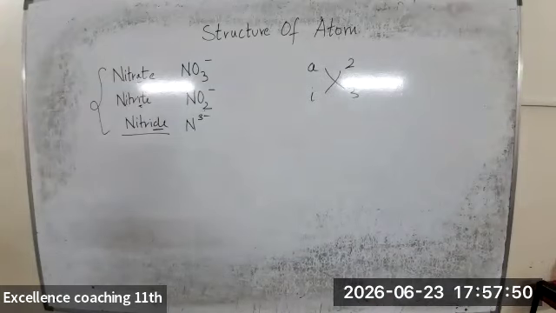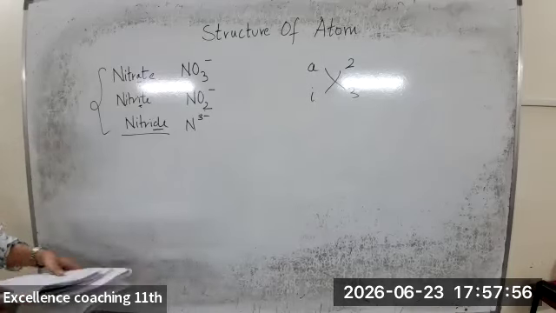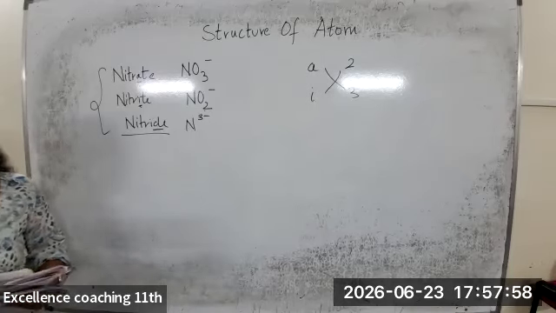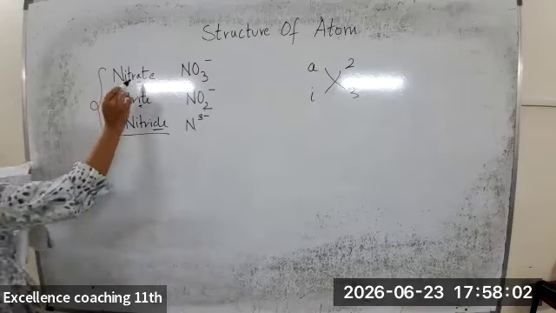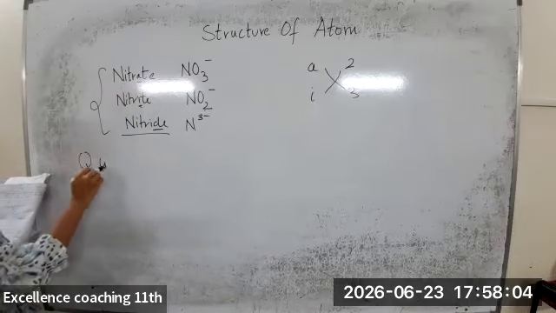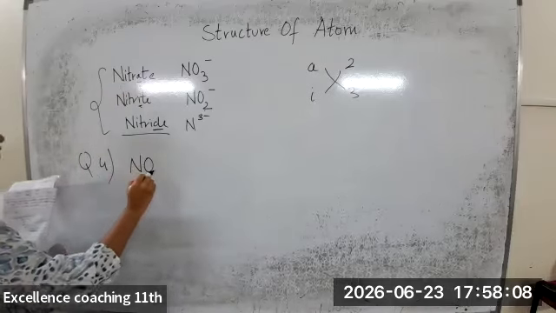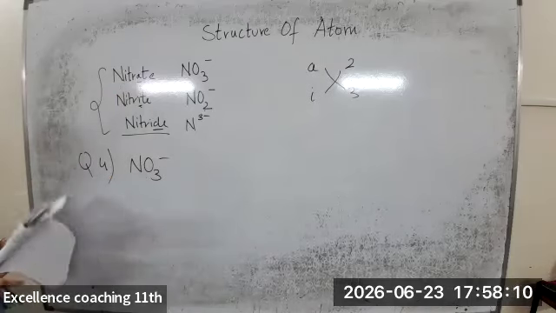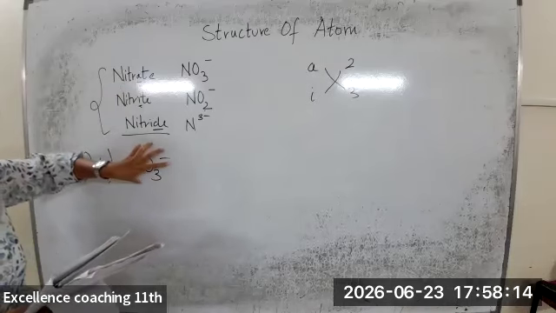So yeah, done. Now how will we all solve? Now we know which one we have to take. So it is question 4. It is nitrate, right? Basically we have to find the total number of electrons present in this species.